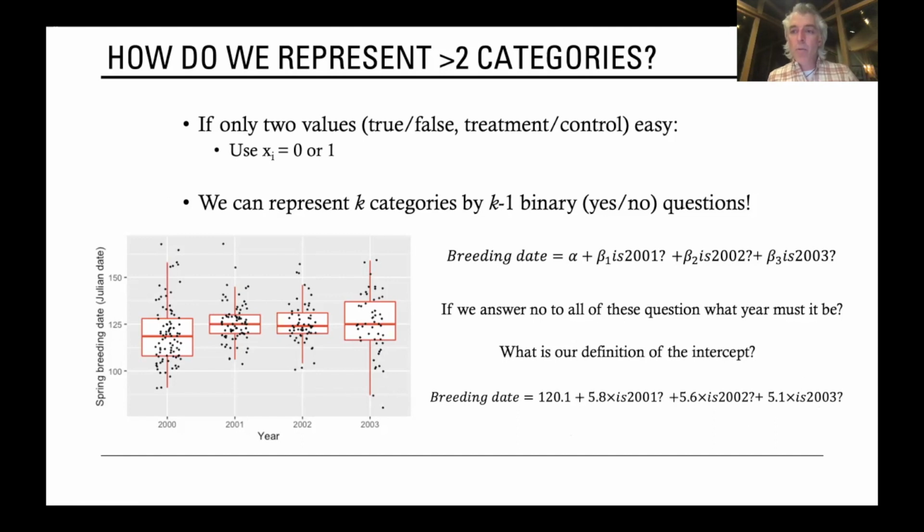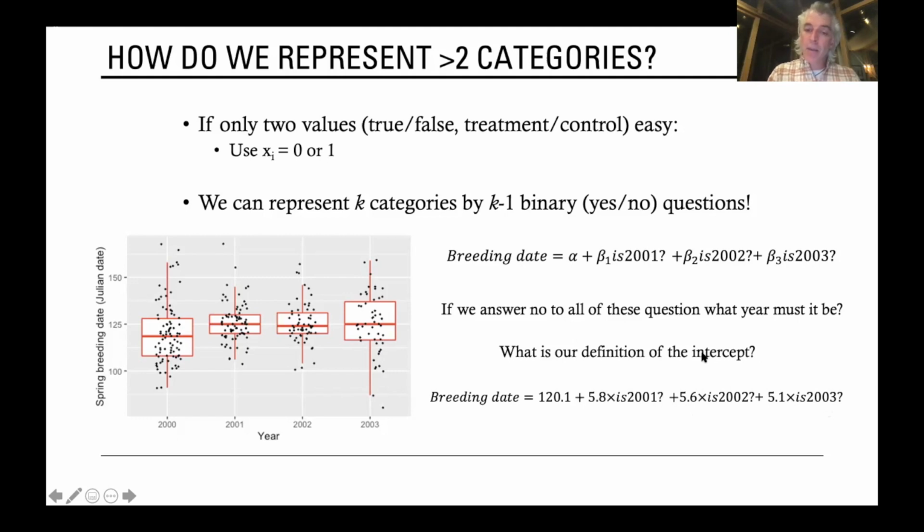So once again, when we want to calculate a predicted value for a particular year, we simply need to answer these questions. Is the observation from 2001? If it is, we insert a 1 here as our categorical predictor, and zeros in each of these other places, because the observation was not from 2002 and it was not from 2003.